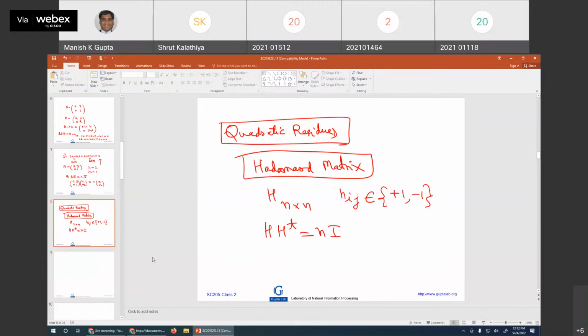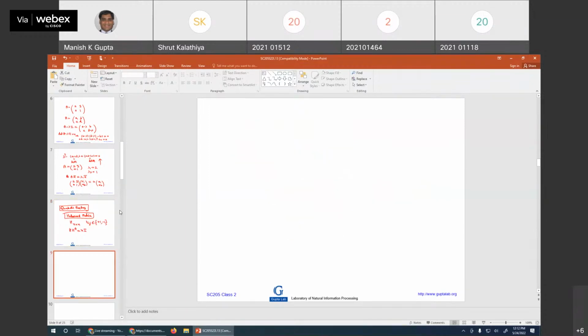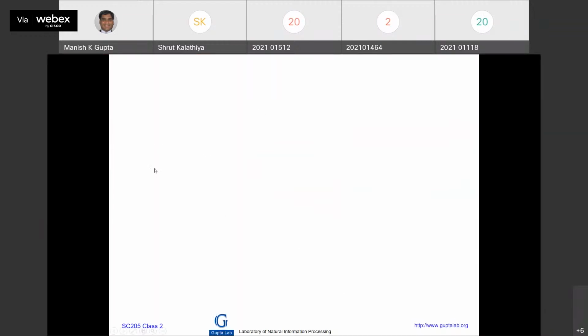If I ask you for an example of a Hadamard matrix, the first one you can do is this: 1, 1, 1, minus 1.